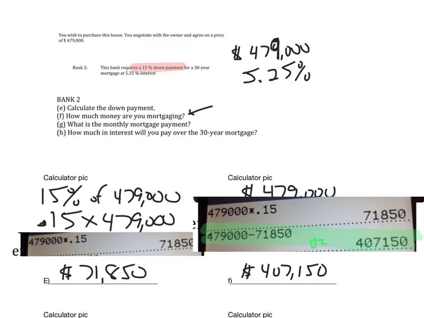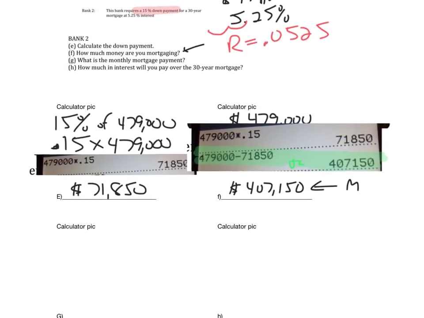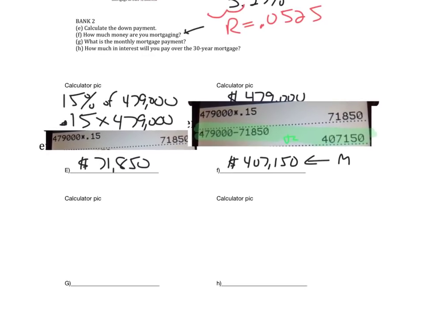So that's going to be our M value in our mortgage formula. The interest rate R for Bank 2 is 5.25, so we'll move the decimal point 2 to the left. So here we're going to have 0.0525. So now let's figure out the monthly payment that Bank 2 would require if we went with them.